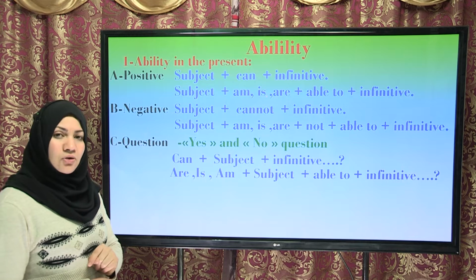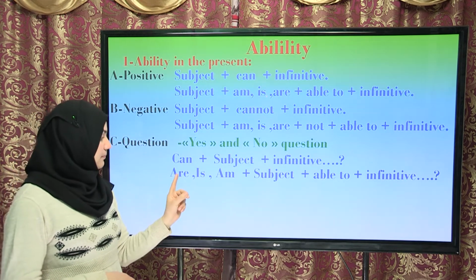Or we can say it also with the second verb: are, is, or am, plus subject plus able to plus infinitive, the rest of the sentence, and question mark. This is the first kind of question, yes and no. If we have can, we always start with can. If we have able to, we always start with to be in the present, am, is, are, plus subject, plus able to, infinitive, the rest of the sentence, and question mark.